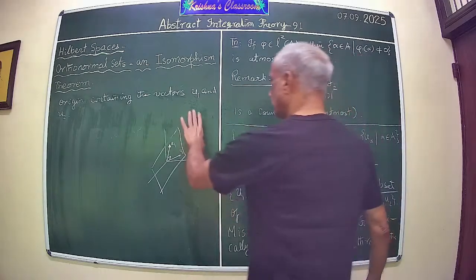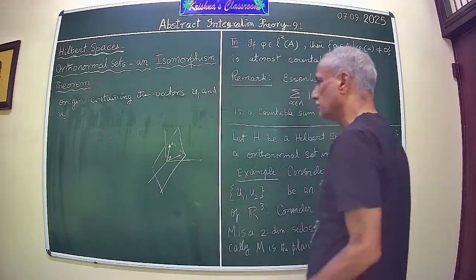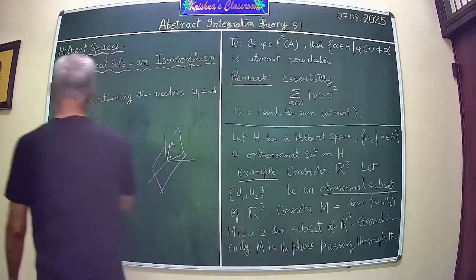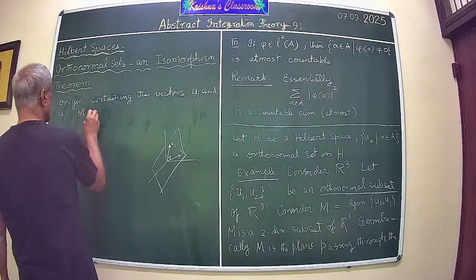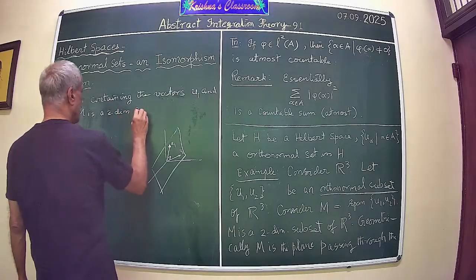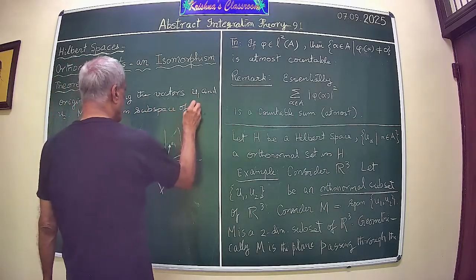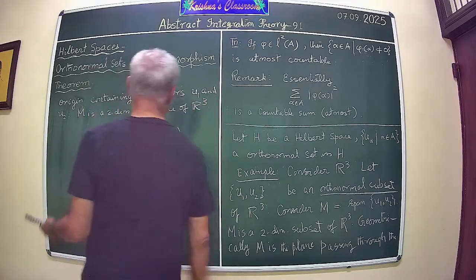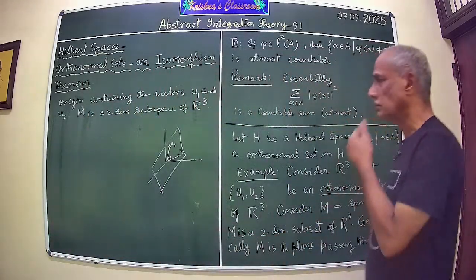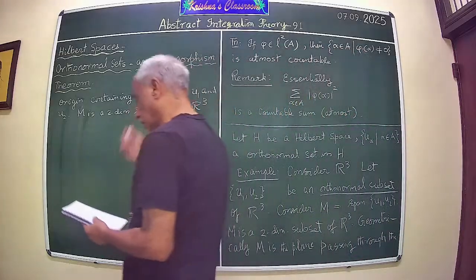So this is a two-dimensional subspace of R3. Okay. So M is a two-dimensional subspace of R3.